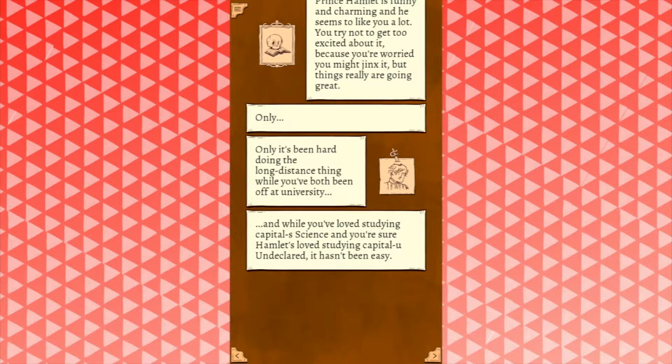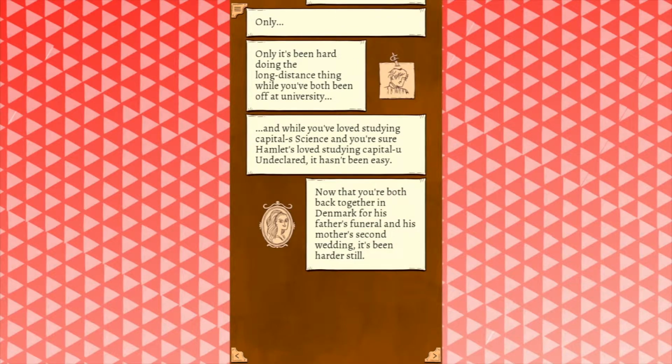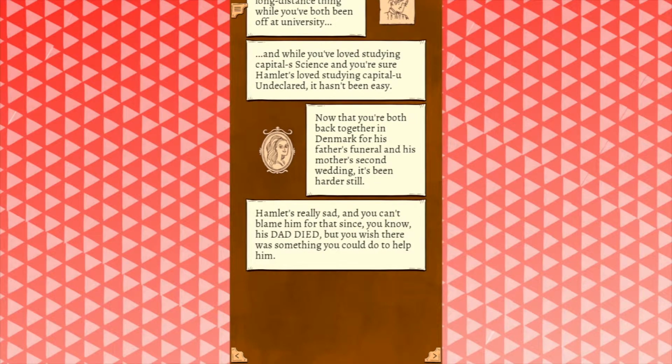And while you've loved studying computer science, and you're sure Hamlet's loved studying whatever he's undeclared in, it hasn't been easy. Now that you're both back together in Denmark for his father's funeral and his mother's second wedding, which is weird, it's been harder still. Hamlet's really sad, and you can't blame him for that since his dad is dead. But you wish there was something you could do to help him.